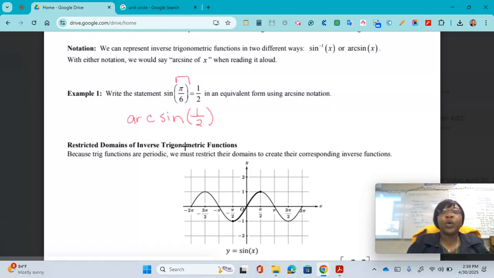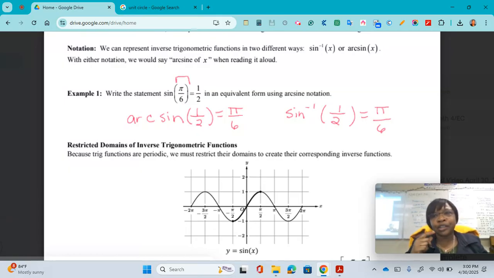I'm trying to find what is the angle when my y value is 1/2. And that is pi over 6. I can use arc sine or the sine inverse of 1/2, which is the y value. When my y value is 1/2, my angle or x value is pi over 6.